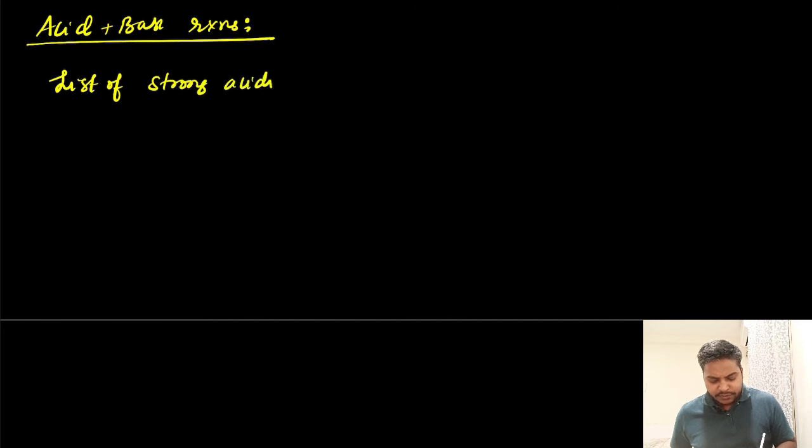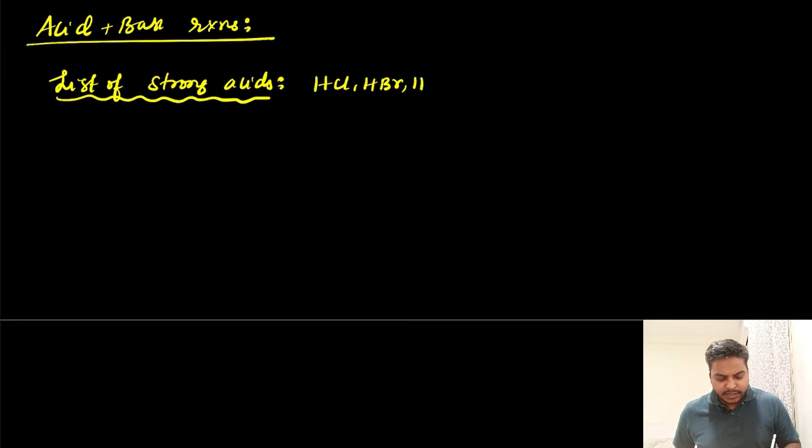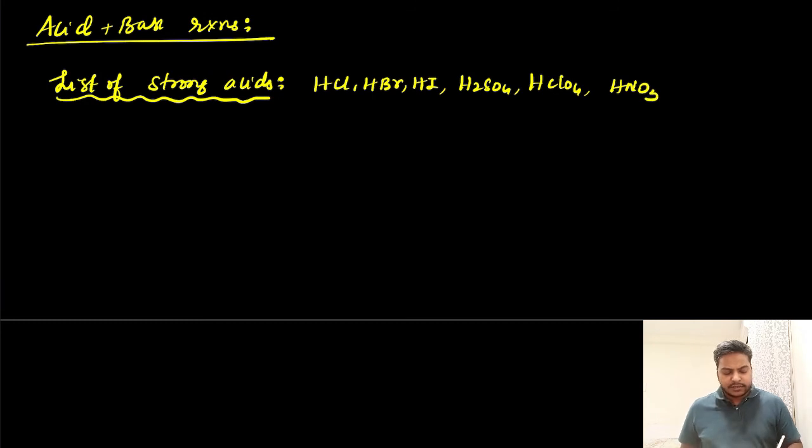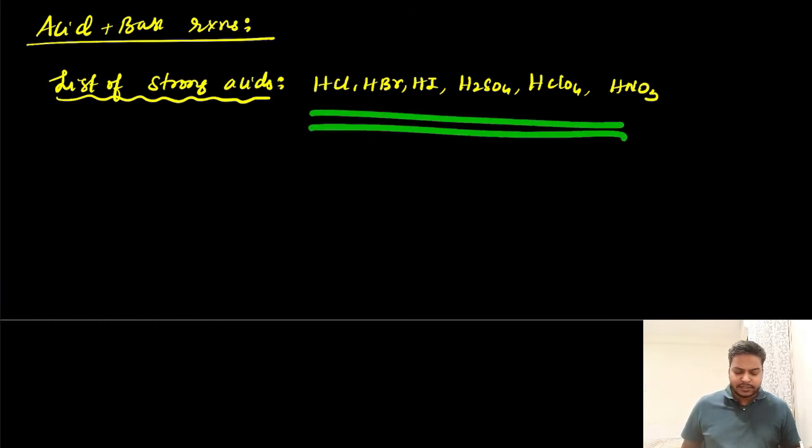The acids we are using in this chapter at least are only strong acids. That includes HCl, HBr, HI. These are strong acids. Then there are H2SO4, HClO4, HNO3. So these are relatively strong acids.